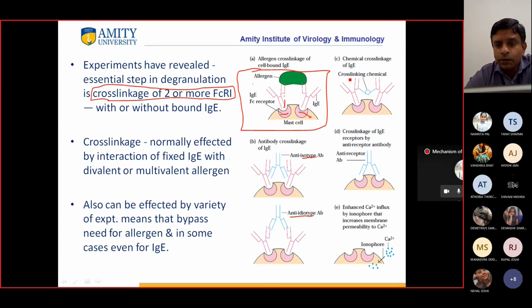Sometimes a chemical can do this work, right? So a chemical can cross-link these antibodies. It could be anti-receptor antibodies. Sometimes you don't even need IgE bound to it. An antibody can directly cross-link the receptors. So there are different ways by which this cross-linking can occur, and if this cross-linking occurs, the process of degranulation will start.